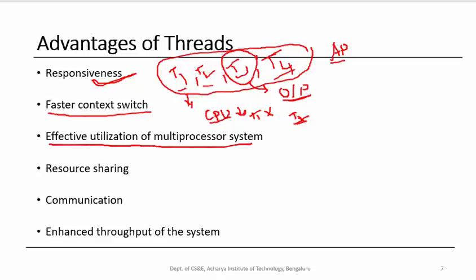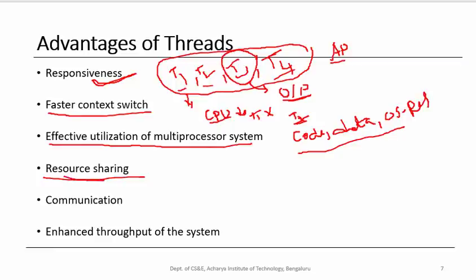Because all the threads are sharing code section, data section, and all other operating system resources, better resource sharing happens. Okay, effective utilization of the multiprocessor system.